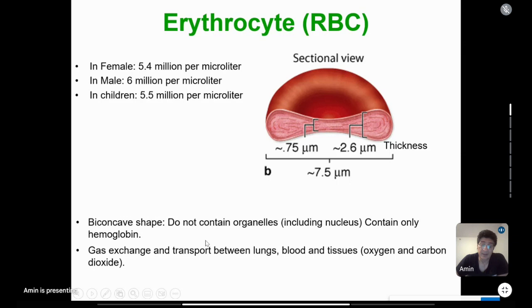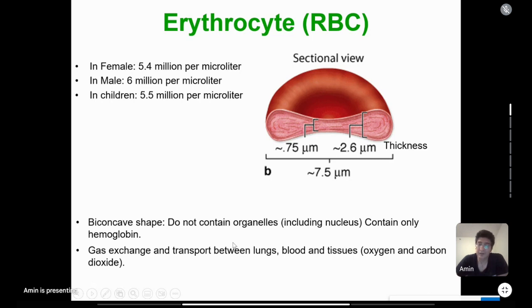Biconcave shape. These cells do not contain organelles or a nucleus. They just have hemoglobin.